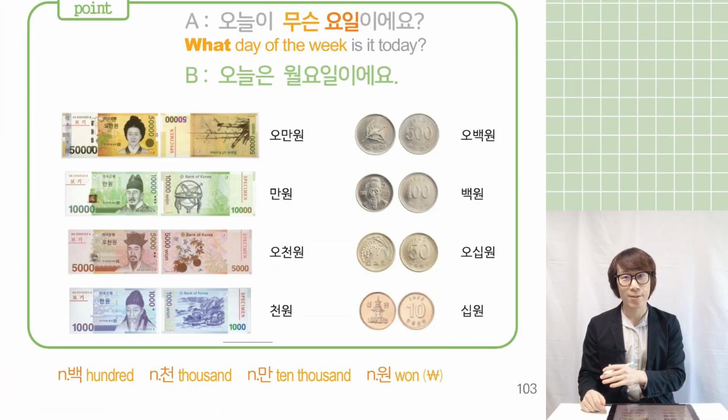You can use it. I have explained to you that the 1, 2, 3, 4 numbers are used for dates, right? And also 1, 2, 3, 4 are used for money.